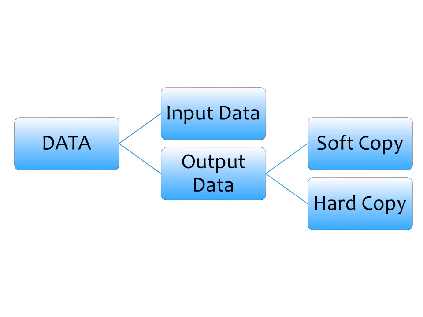Data which we give to the computer is called input data, and which we get from the computer in the form of results is called output data or information. Further, this output data which we get through visual displays is called soft copy of output data, and which we get on paper is called hard copy of output data.